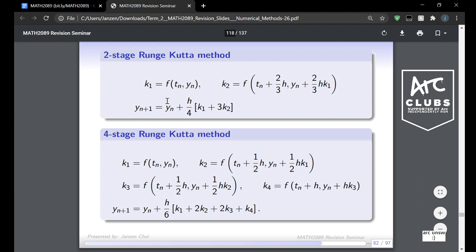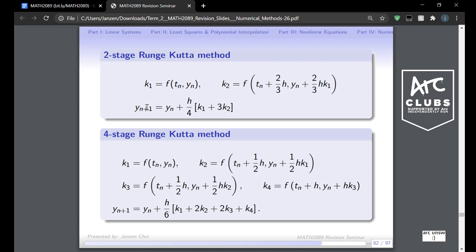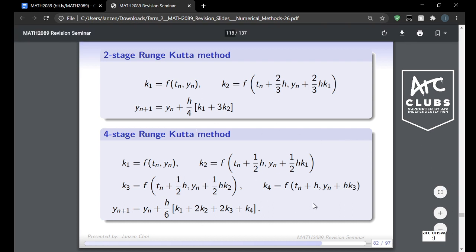So again, this is an iterative process. The second and fourth stage Runge-Kutta methods rely on these expressions. But if you want a V-stage Runge-Kutta method, you would have to do some funky matrix magic. Otherwise, you can just rely on these equations here.